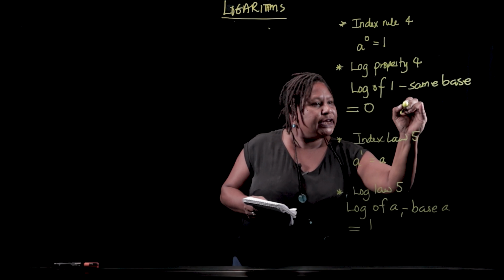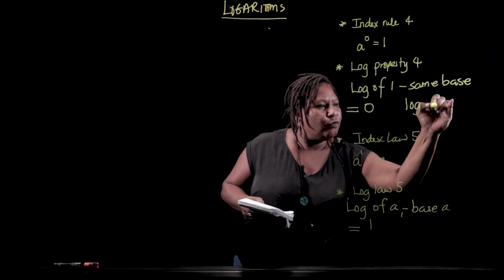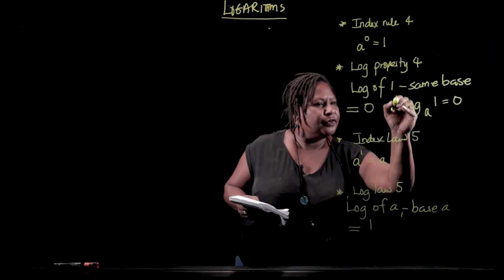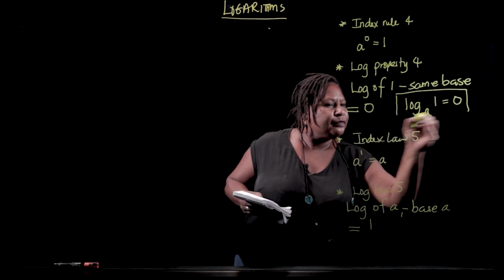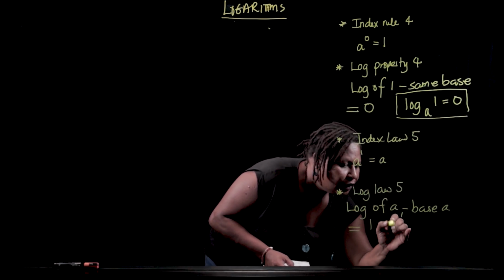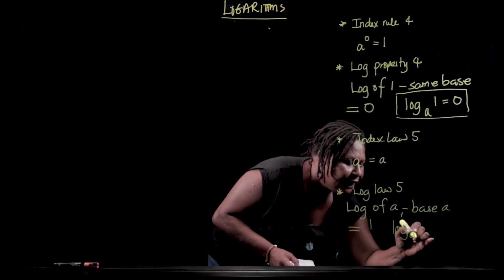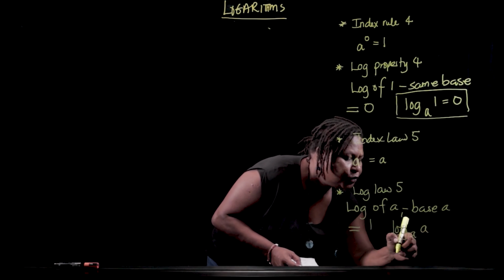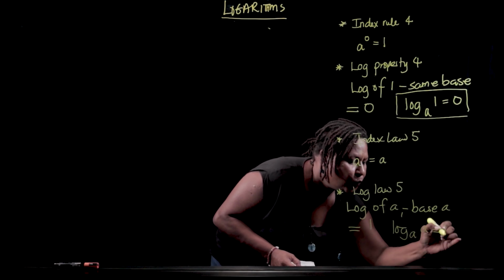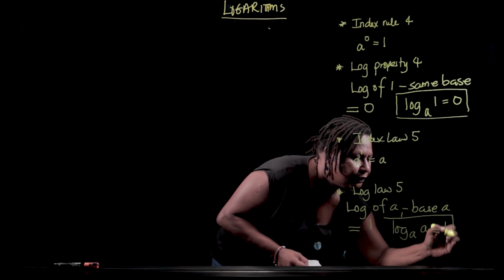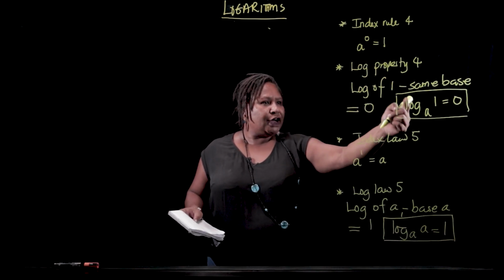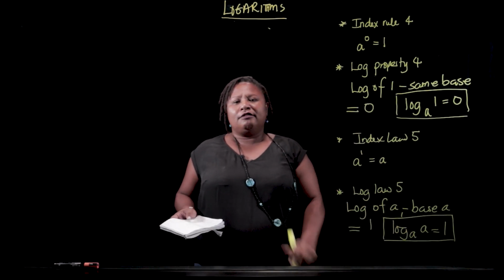So we have log of 1 to base A is equal to 0. Then here we have log of A to the same base A, which will be equal to 1. So these are the laws number 4 and number 5.